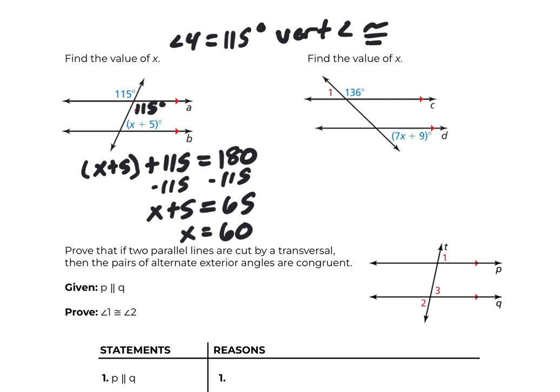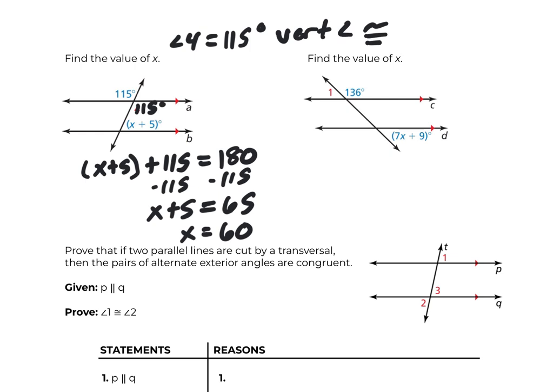Okay, so can I find angle 1 here? Yeah. What's true about angle 1? I'm just covering up the bottom. Let's just focus on the top part here. What do I know about angle 1 and 136? They make a line, right? These two together make a line.